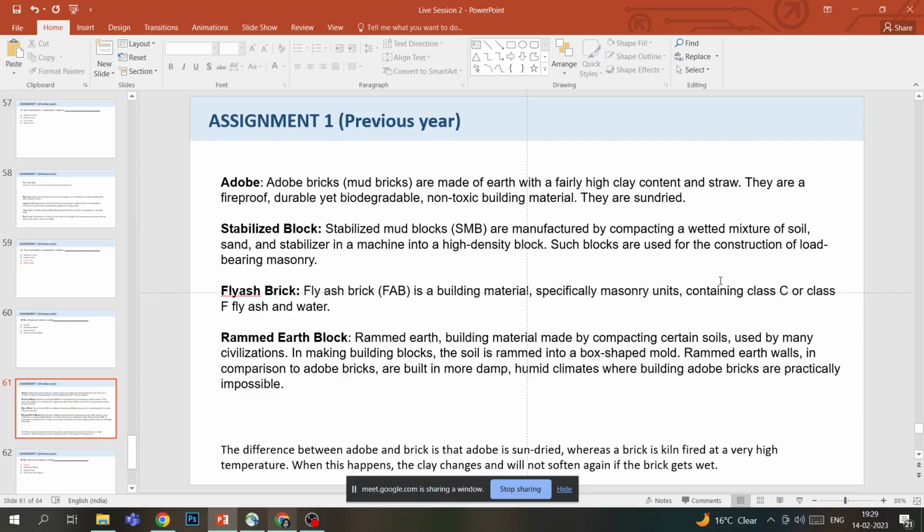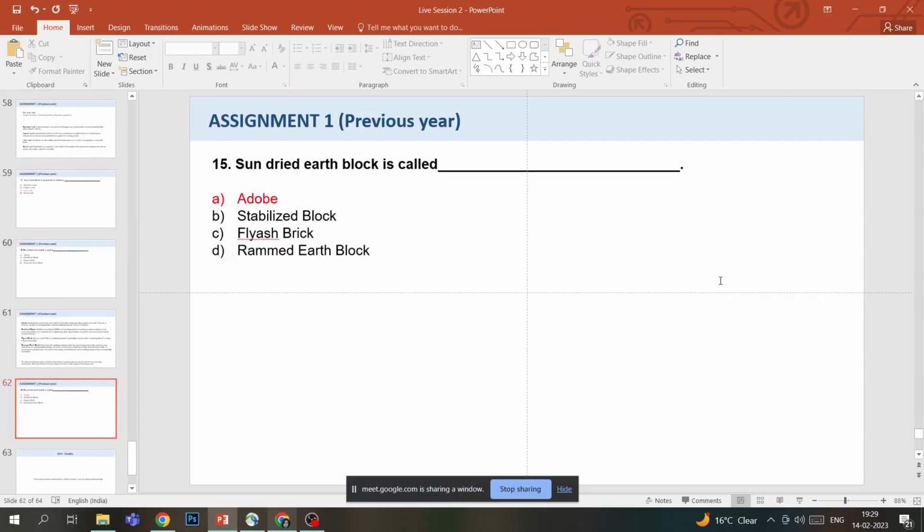So they're both made of clay only, but the difference is that adobe is sun dried, and the brick is kiln fired at a very high temperature. So when this happens, the clay changes and it will not soften again if the brick gets wet. So that's the difference. So the correct answer would be adobe.